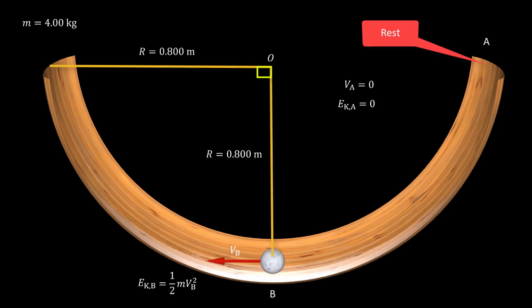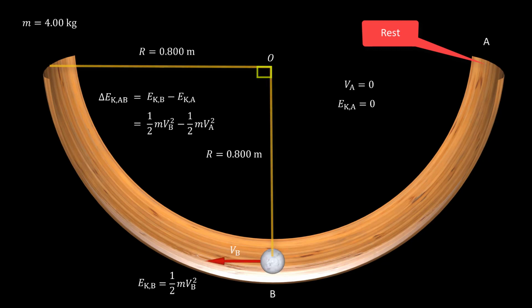The increase in kinetic energy of the ball when it moves from point A to point B is delta EK AB equals to EKB minus EKA, which is simply final kinetic energy minus initial kinetic energy. This can be written in terms of the speed as half mVB squared minus half mVA squared.